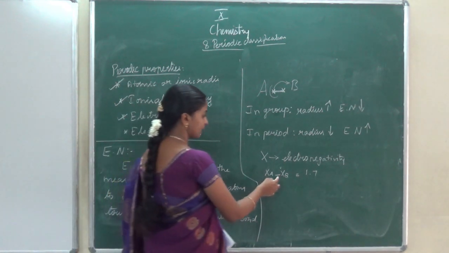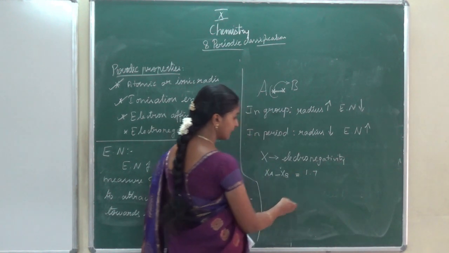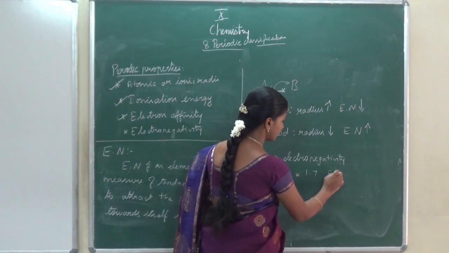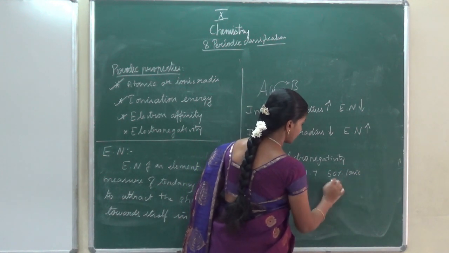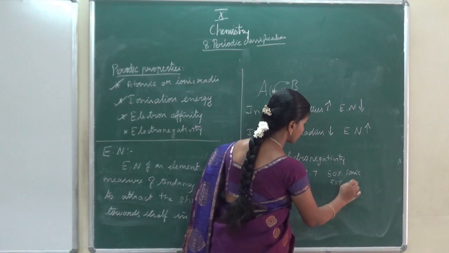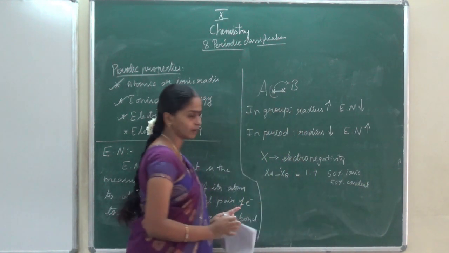When XA minus XB is equal to 1.7, then we can say it has 50% ionic character and 50% covalent character. Both characters are present in equal amounts.